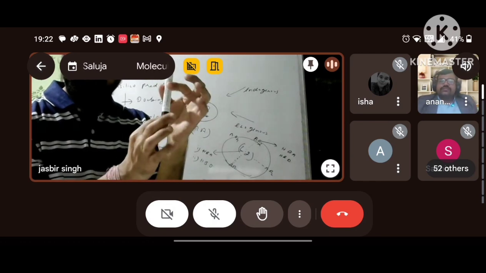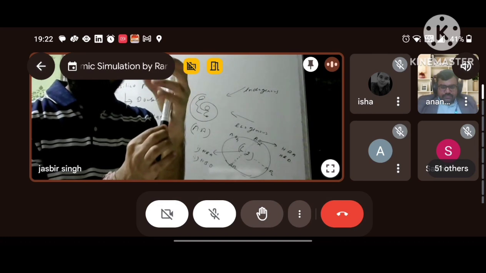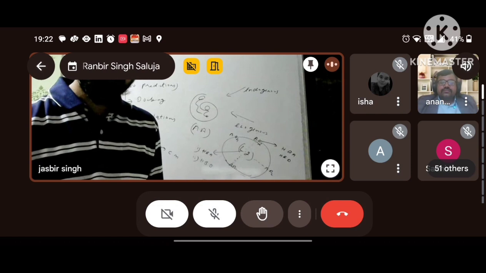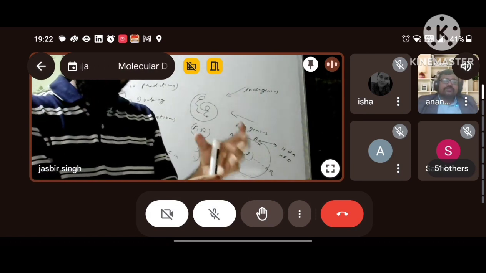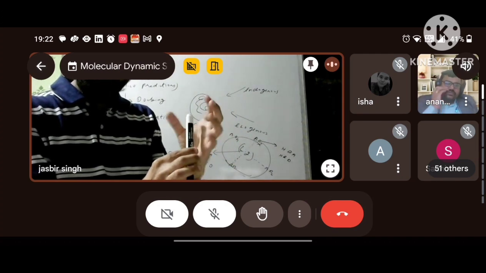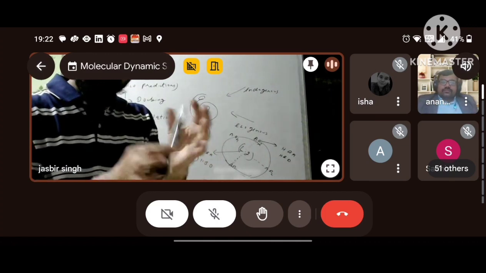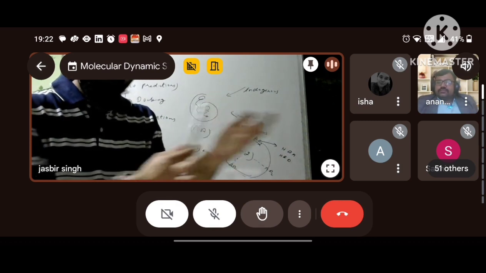Won't you think that the pen, which is trying to interact with this pocket inside, will have different interactions at different points? Don't you think that? So just try to feel it. If I try to fit this pen inside my hand, this pocket is moving constantly. The area of the pocket is constantly changing. Don't you think the interactions of the ligand with the residues inside the pocket will also change with time, right?